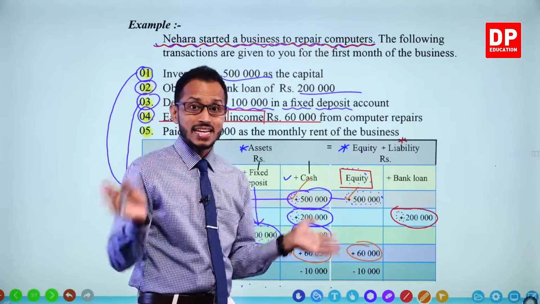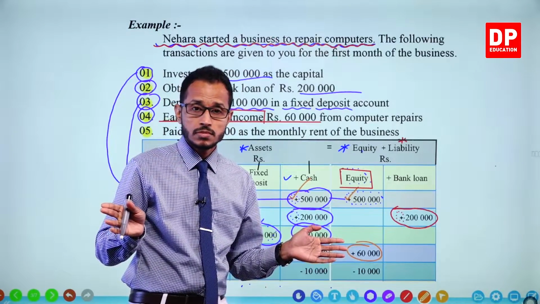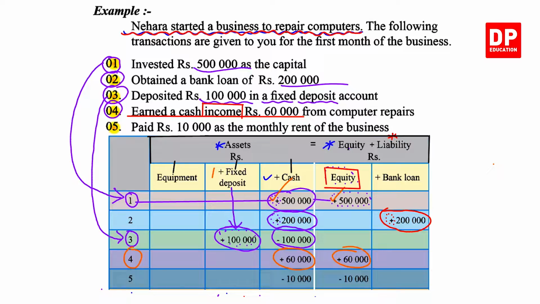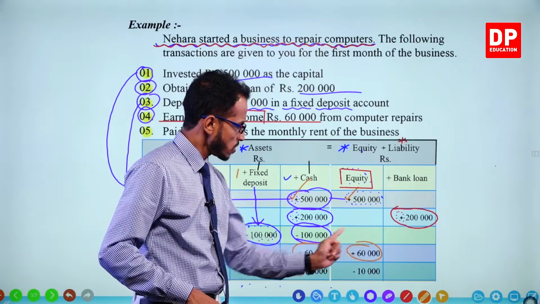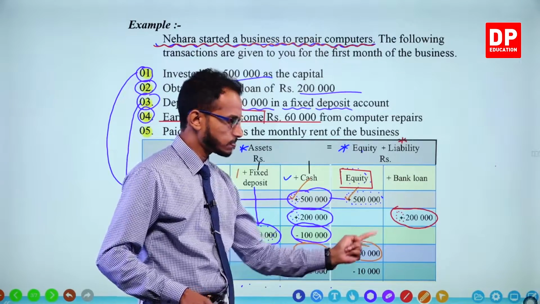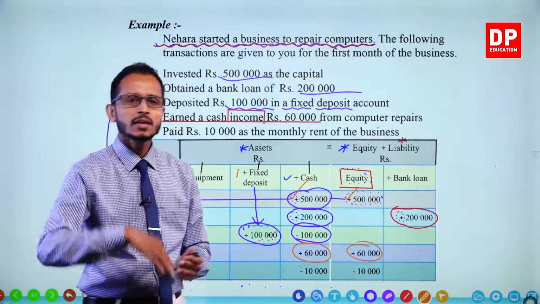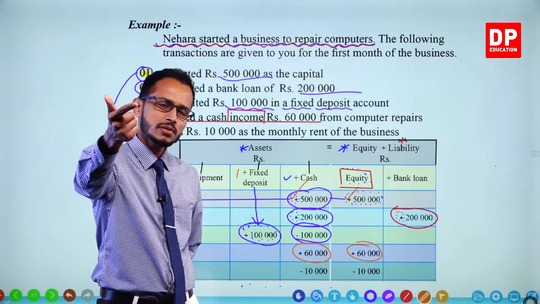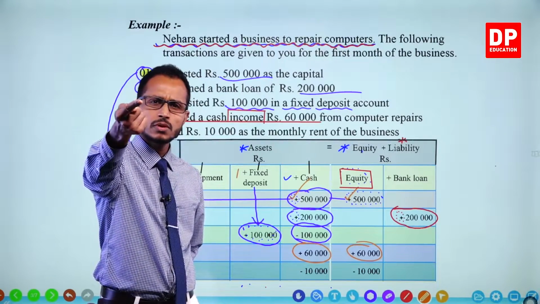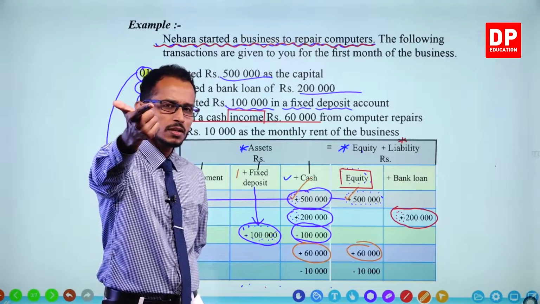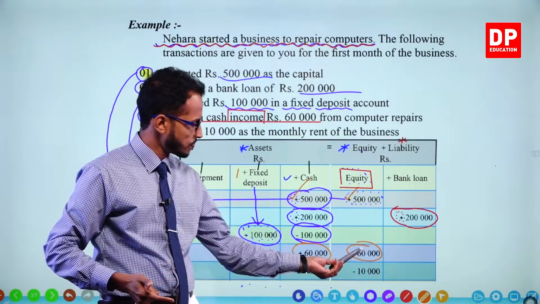But this is an income, not equity. How come the income of 60,000 has also gone under equity? How come? What do you think, children? Why is this 60,000 here?